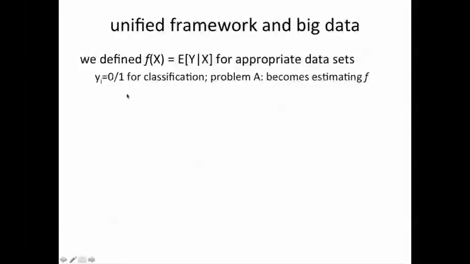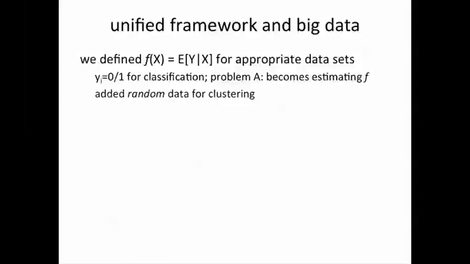For example, for the classification case, the output variable is 0, 1, and the problem becomes estimating this function, or estimating where the values of this function will be less than a half or more than a half to decide the decision boundary.